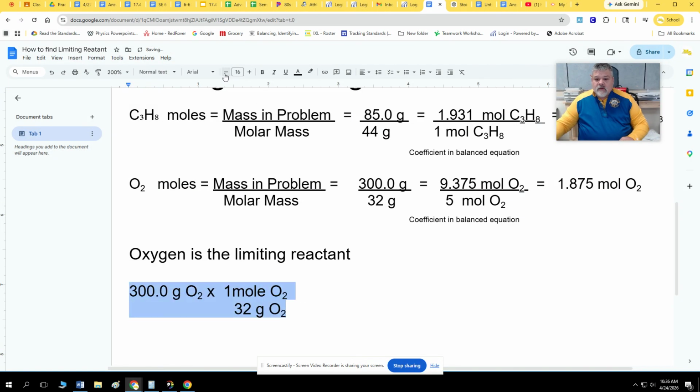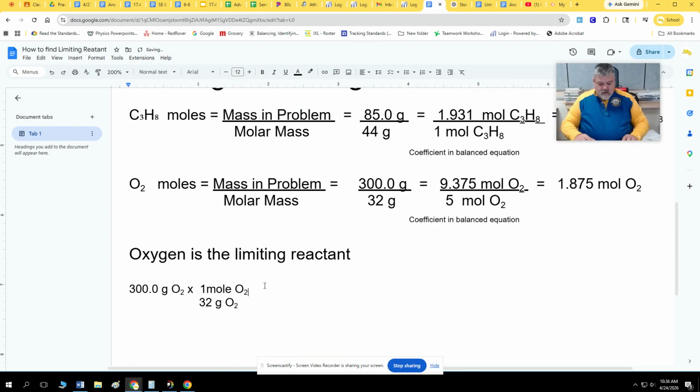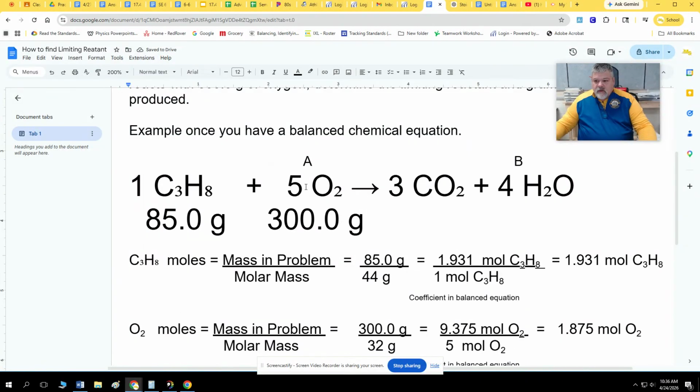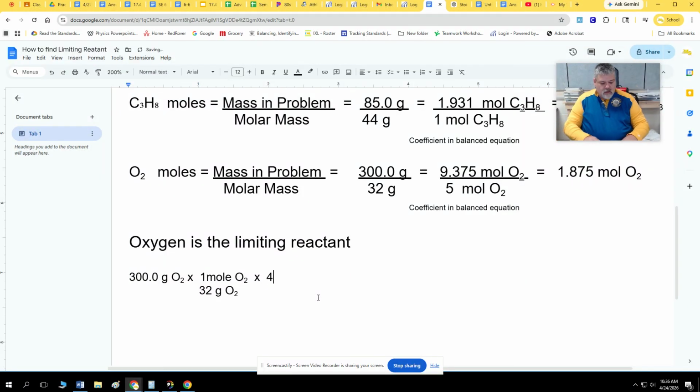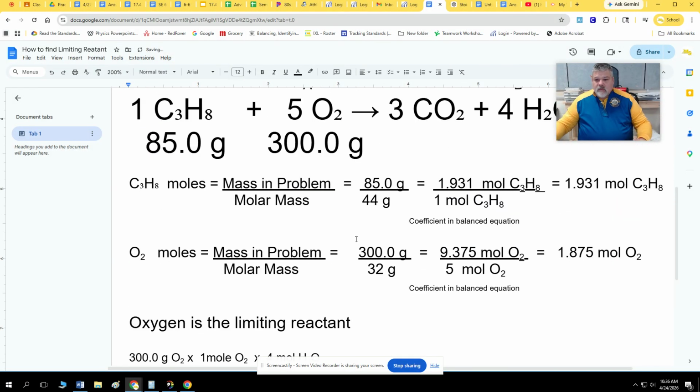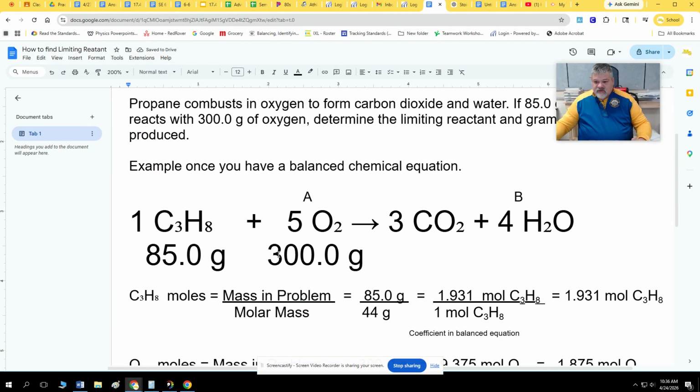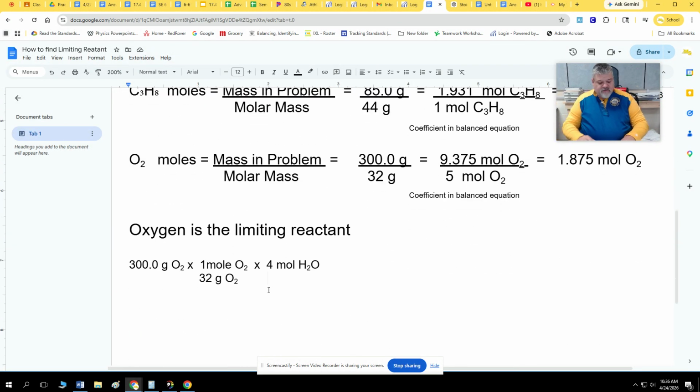Okay, so we're going to come over here, put times, and now we're going to do B on top. We go back up to our B, which is 4 moles of water, so I'm going to put 4 moles of H2O on top, and we're going to put our moles of oxygen, which is 5 moles of oxygen, so we can put 5 moles of O2.